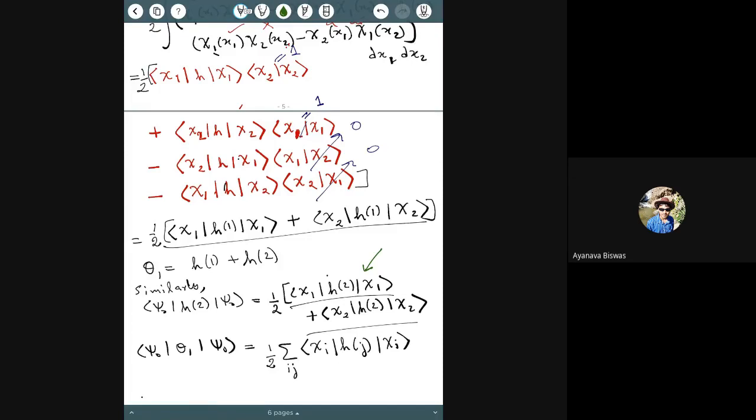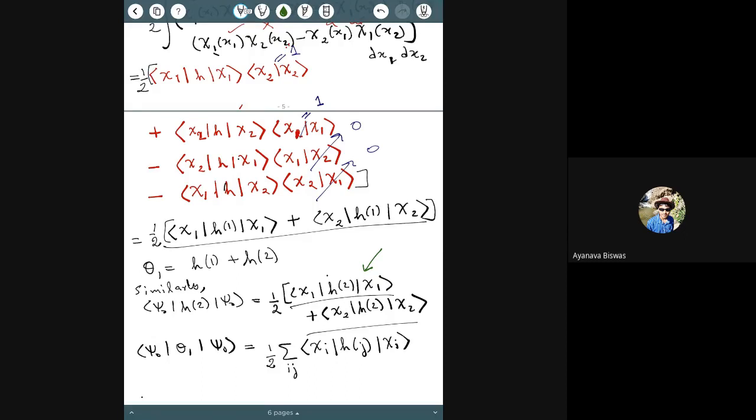So I can't do that here, because the left hand side also depends on the coordinate of electron 2. No? Am I confusing you? Yeah. Okay. I will make it clear.